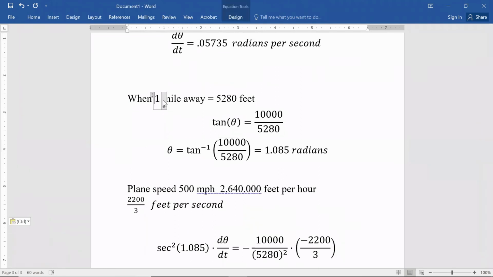When the plane is 0.2 miles away, 5,280 multiplied by 0.2 is 1,056. So that means the plane is 1,056 feet away. I might as well figure out the angle theta.